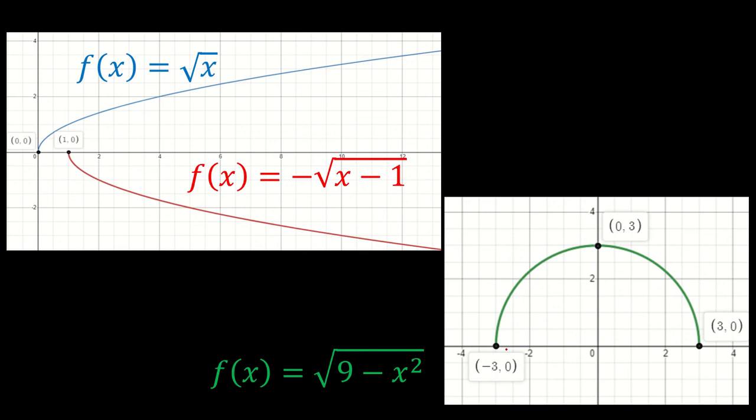And the graph of the square root of 9 minus x squared is actually a semicircle. We have negative 3 to 3 as our domain, and our range starts with 0 and ends with 3.